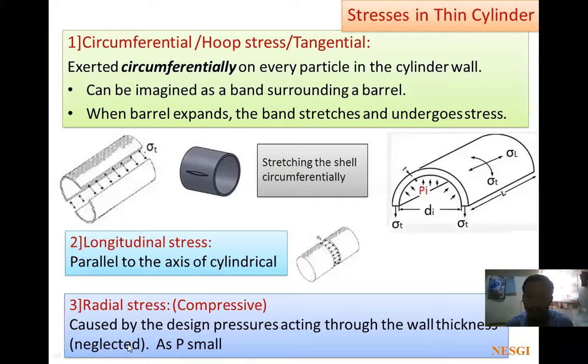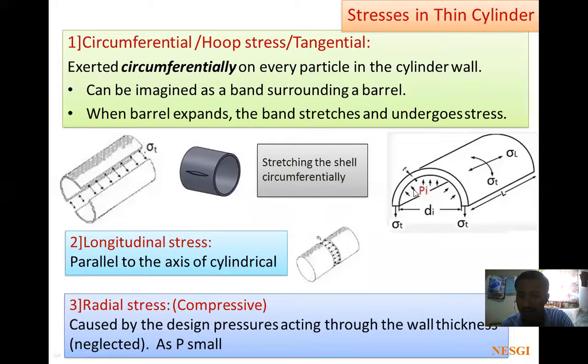In the case of thin cylinders, this stress is neglected as the thickness is small. But in the case of thick cylinders, we consider the radial stress. Only in the case of thin cylinders do we neglect radial stress.